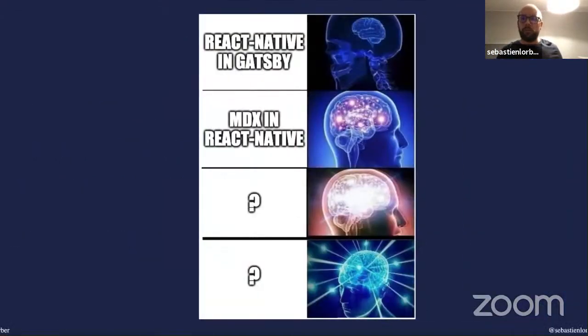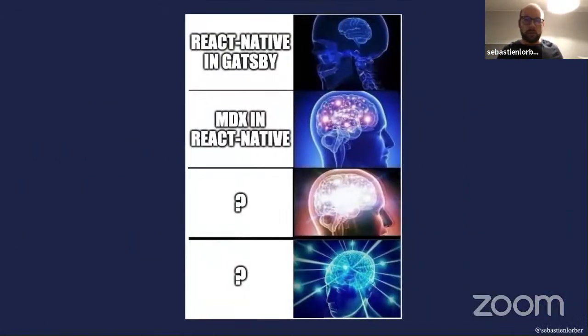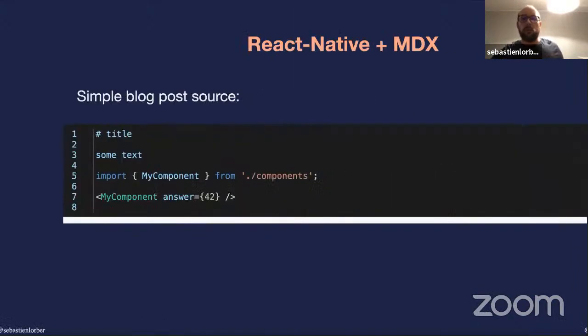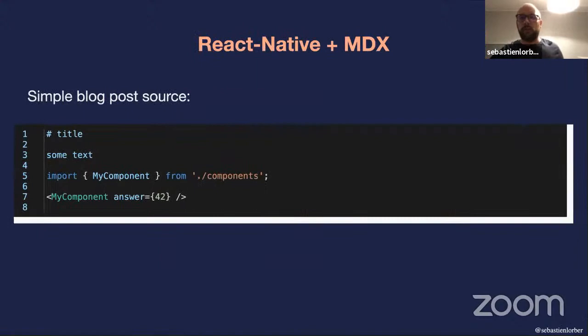Now I want to see if we are able to run MDX in React Native. So let's take, for example, an example blog post. This is a post with a title and a React component in it. We will see how MDX works exactly.